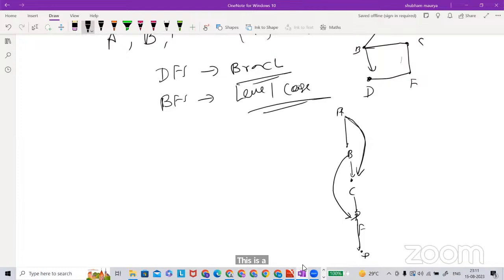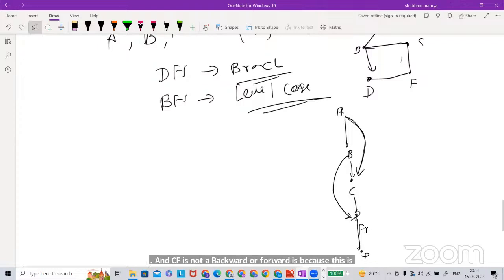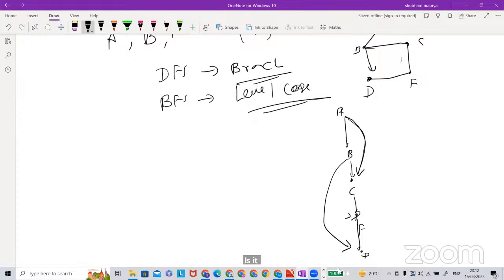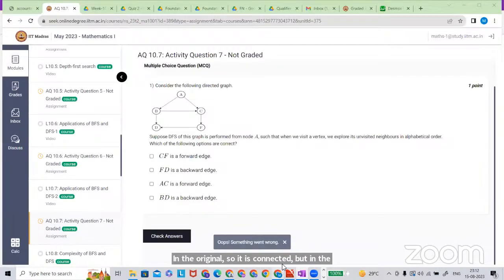Okay. And CF is not a backward or forward edge because it is happening in the tree form. In the original graph also C and F is connected, and in the tree also it is connected.